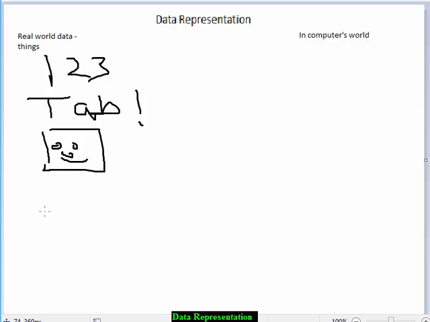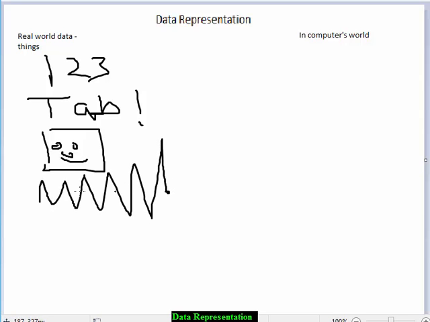And it can be sound. Sound in real life is actually sound waves, measured by frequency and amplitude. All of this needs to be converted into binary, that means 0 or 1.